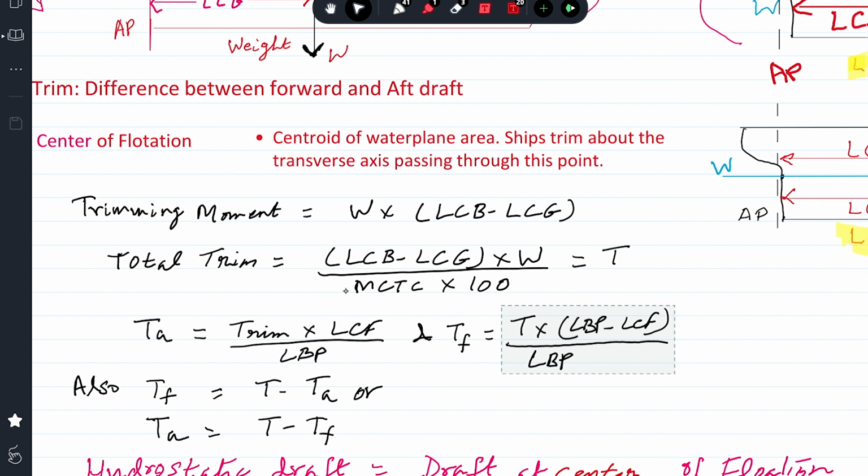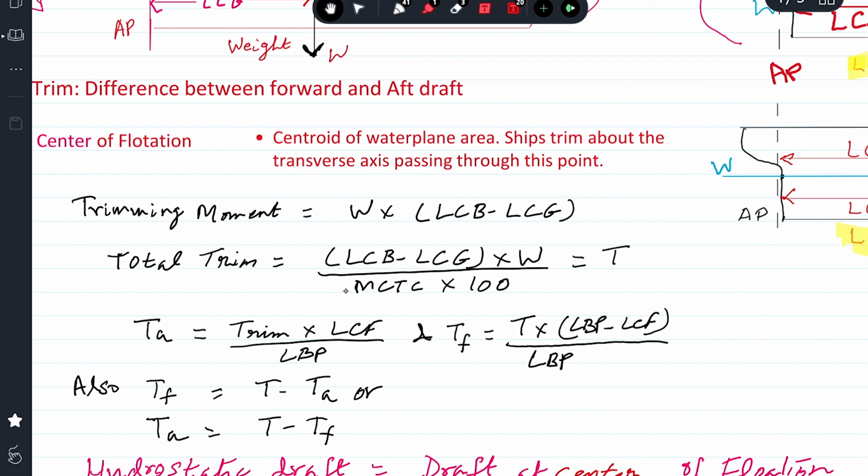This can give also the forward trim. Or you can do this: total trim minus aft trim also will give forward trim. And likewise, if you have the forward trim, then you can subtract from total trim the forward trim, you will get the aft trim. It's the same.